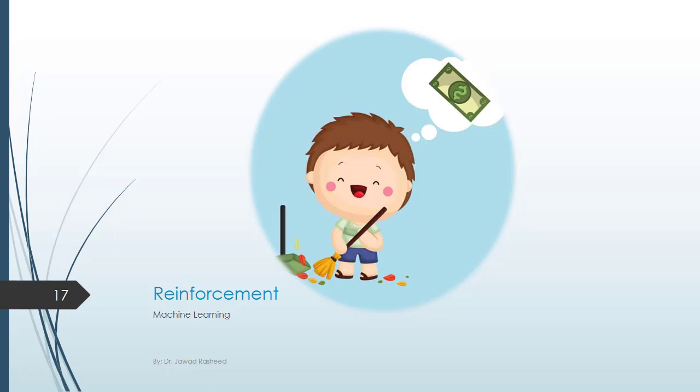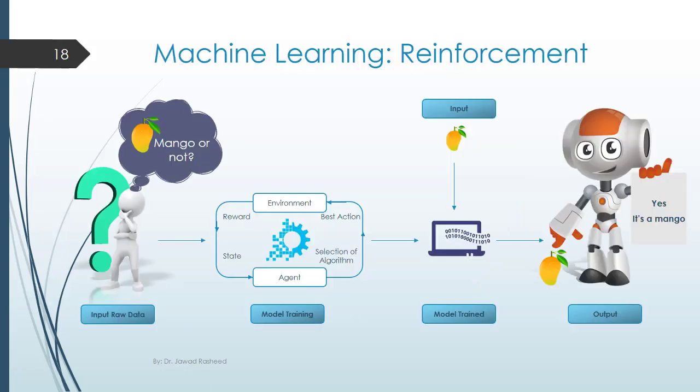So reinforcement learning is a type of machine learning algorithm which allows software agents and machines to automatically determine the ideal behavior within a specific context to maximize its performance. So this is actually the definition of reinforcement learning. If you couldn't understand, let's move on and discuss what it is.